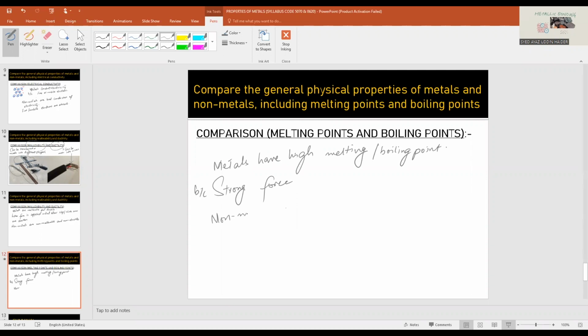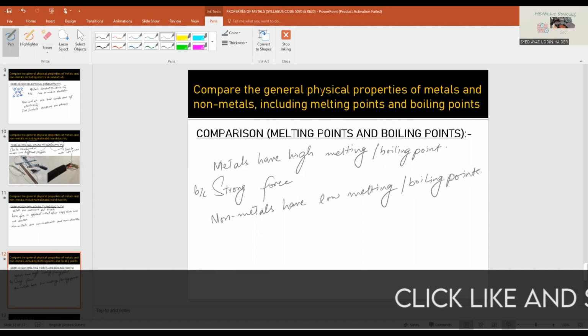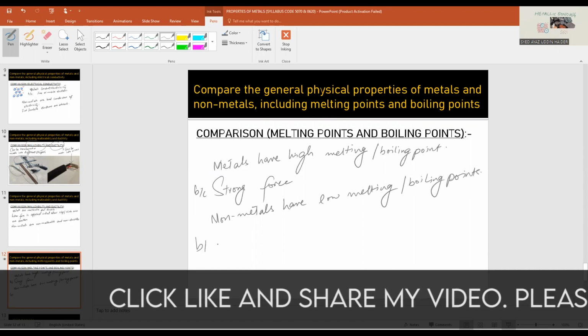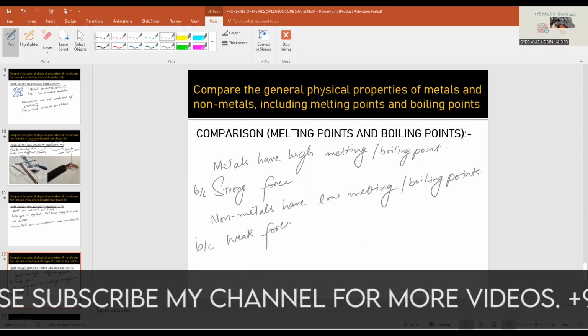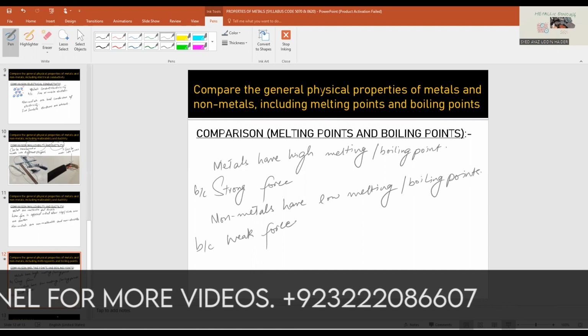Non-metals have low melting and boiling points because they have weak intermolecular forces, so less energy is required to break down the force.